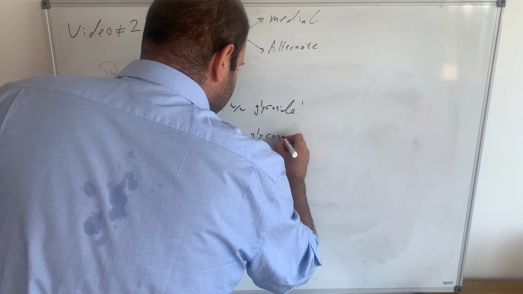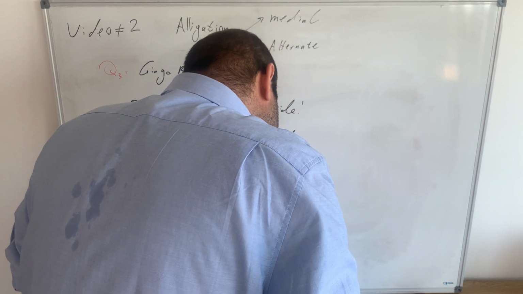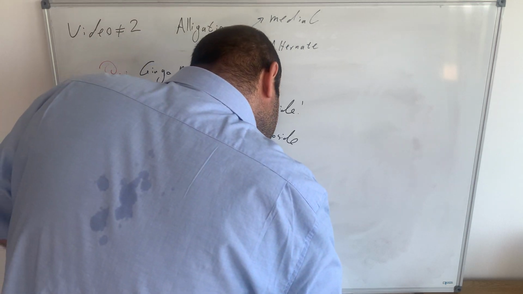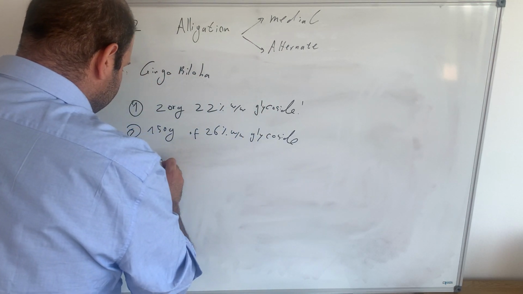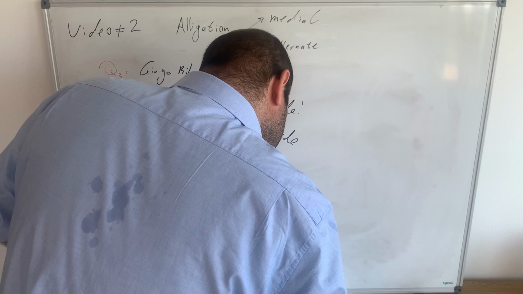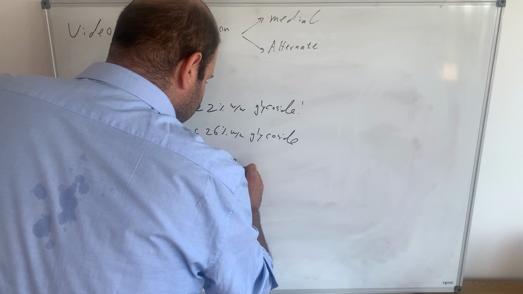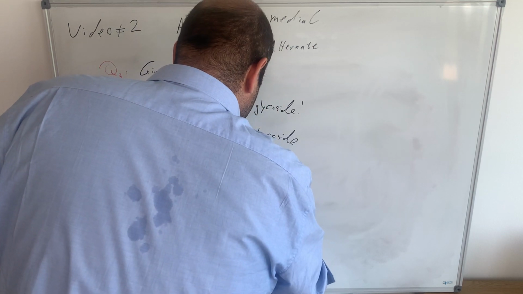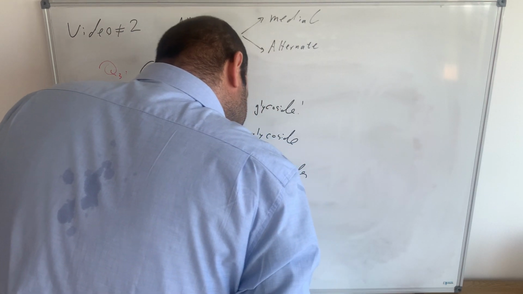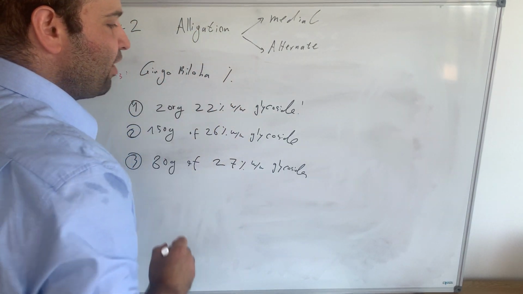And the third batch contains 80 gram of leaves containing 27% weight per weight glycosides. And the question would be, what is the percentage of glycoside in the end product?